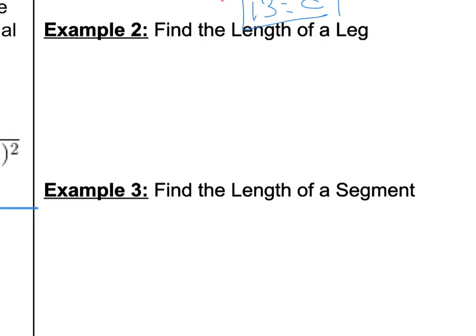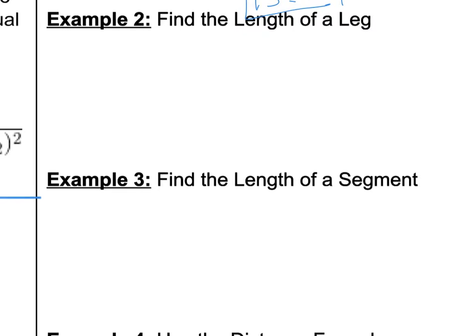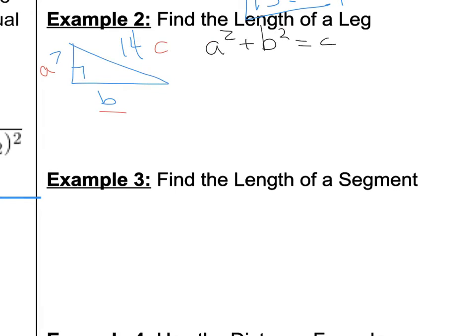So in our right triangle, this leg is 7, this leg is B, we don't know it, and the hypotenuse is 14. So this would be A, there's B, and this would be C. We go back to the formula, A squared plus B squared equals C squared.